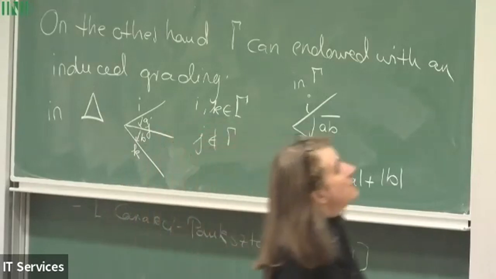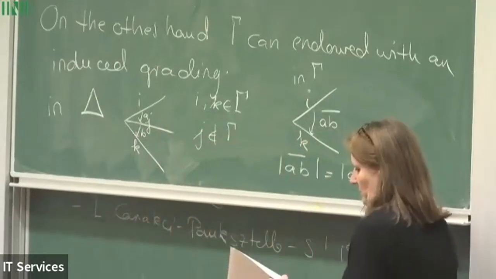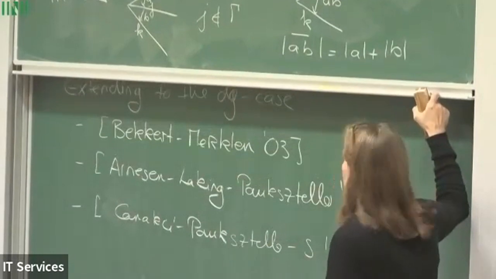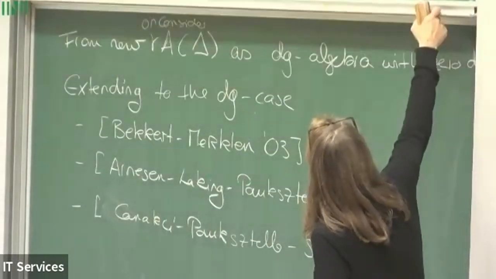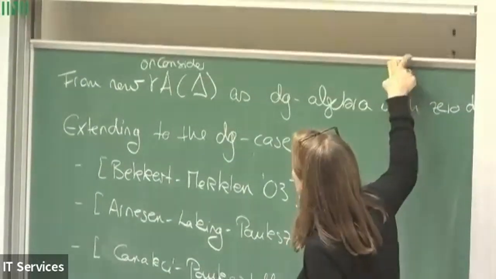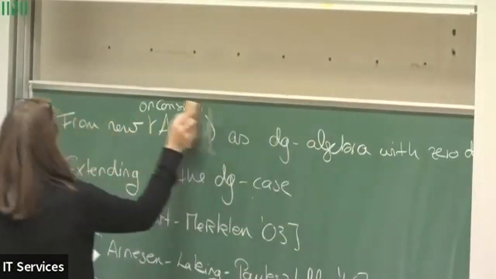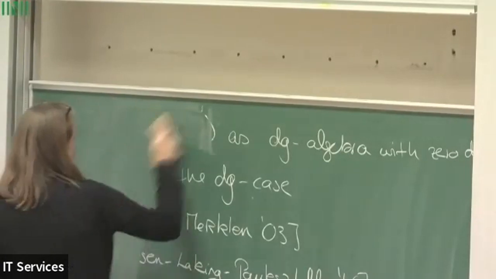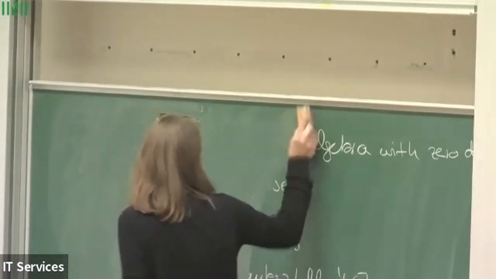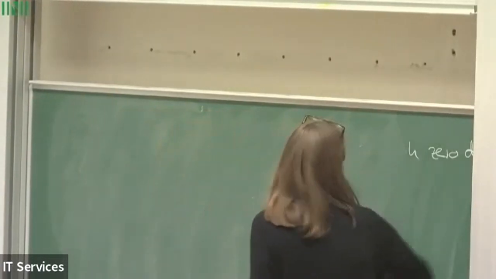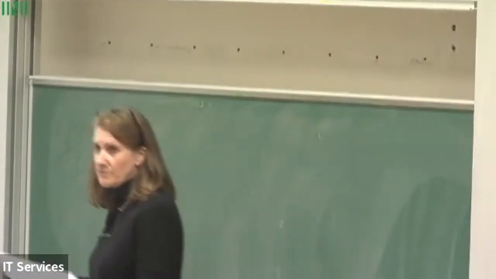Furthermore, the orientation of our original surface dissection gives an orientation of gamma. So gamma really is a ribbon graph. It's a graded ribbon graph. So it gives rise to its own surface.